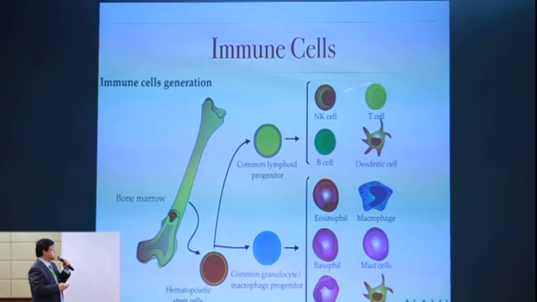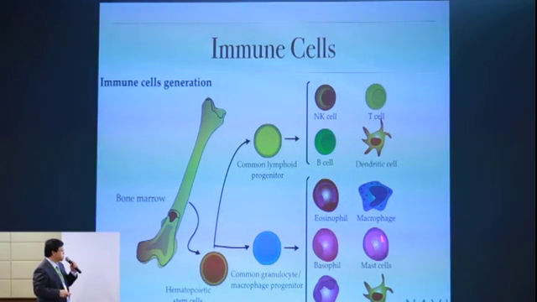These three kinds of cells are sometimes called lymphocytes. Another cell, the dendritic cell, partly comes from the lymphoid lineage. The immune cells from the myeloid lineage include eosinophils, basophils, neutrophils, macrophages, mast cells, and dendritic cells.